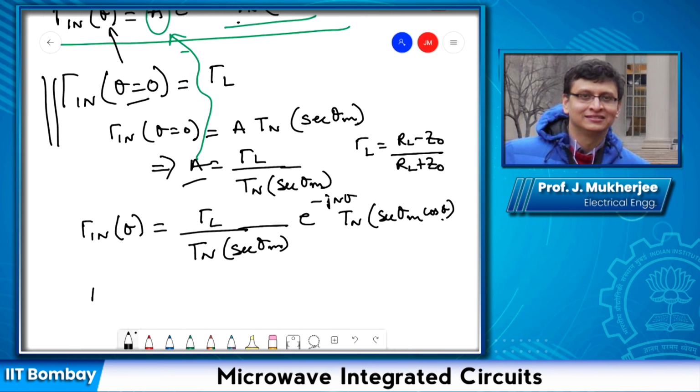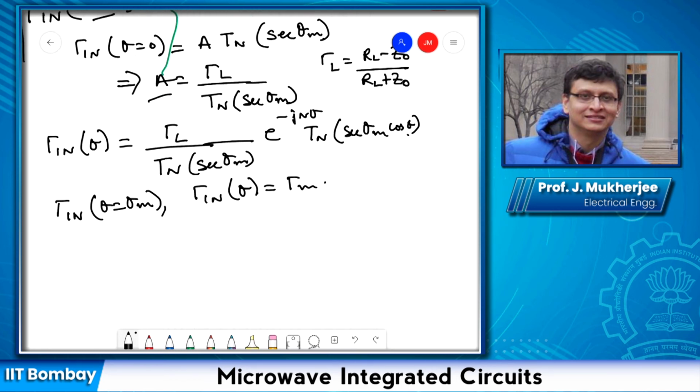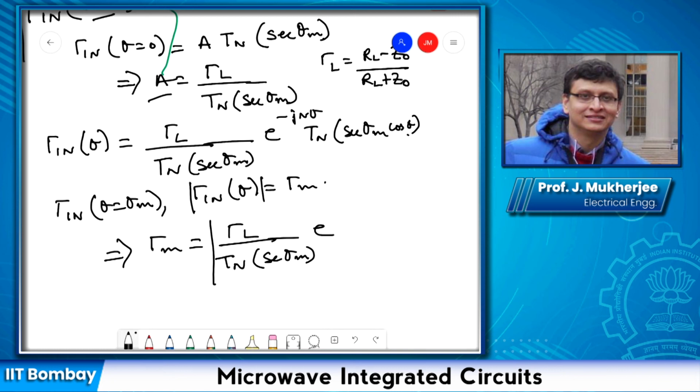Now at theta equal to theta m, we have gamma in theta is equal to gamma m. This implies that gamma m is equal to gamma L upon Tn sec theta m times Tn of 1, since the gamma in magnitude is equal to gamma m.